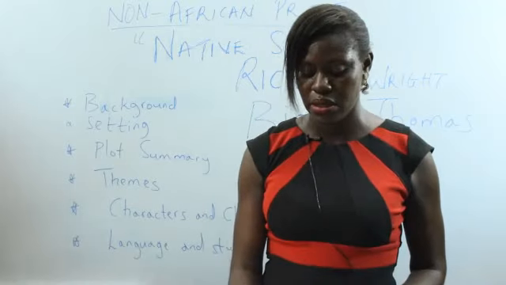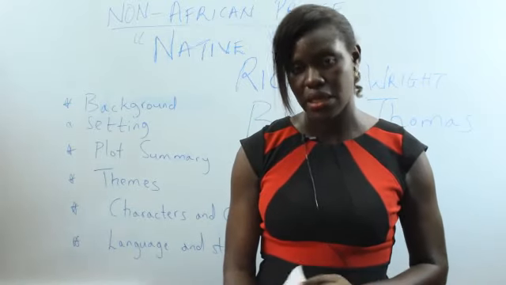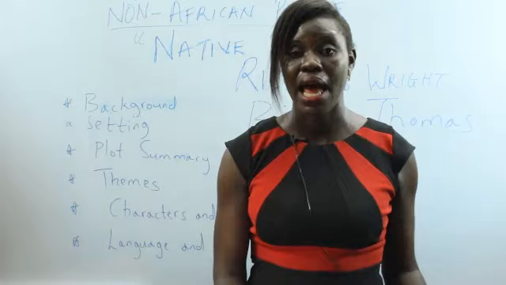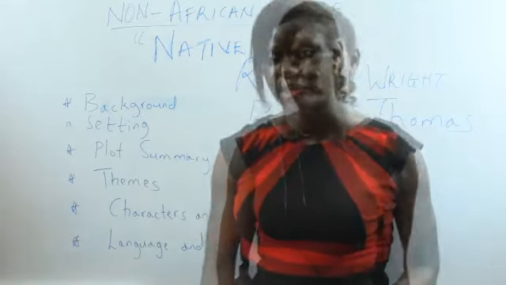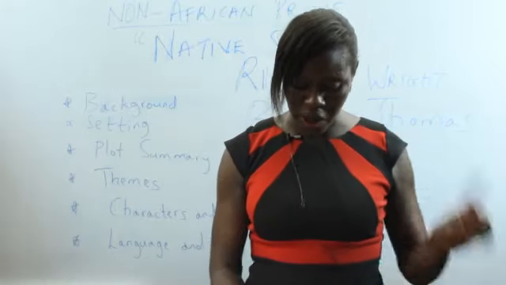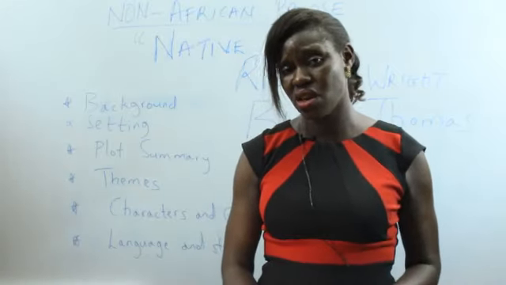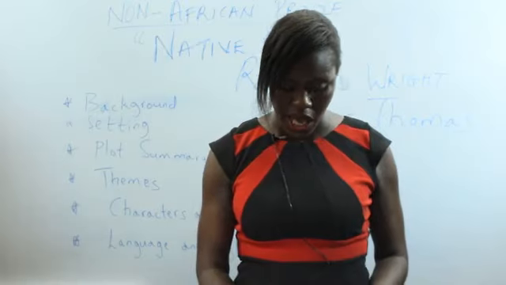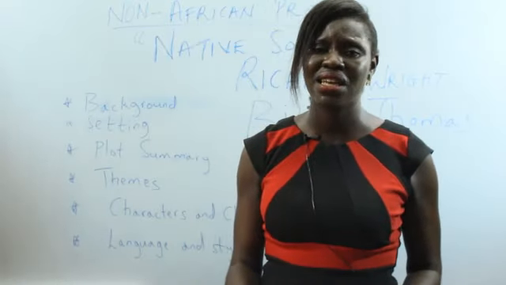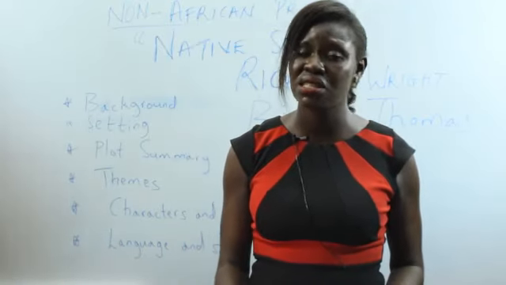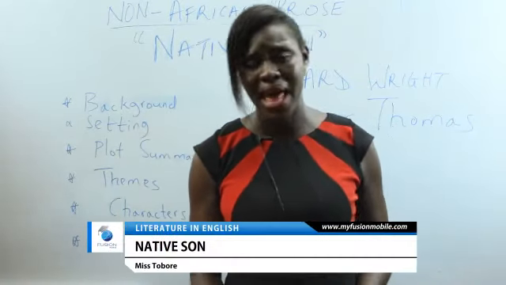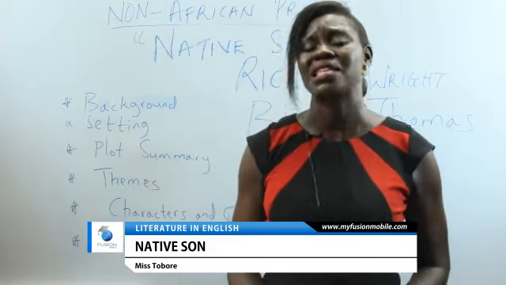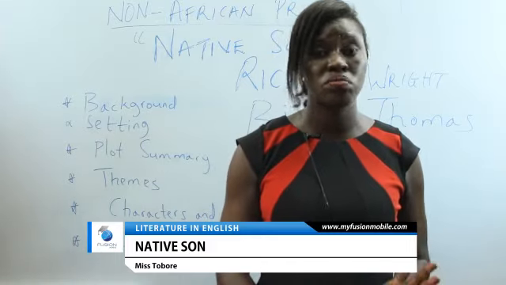Now, at this point, we would look at the themes that are itemized in this story. The first thing we'll be looking at is, first and foremost, racial discrimination and prejudice. Everything surrounding the main character, Bigger Thomas, is racial discrimination. Remember, Bigger Thomas and other black people cannot aspire to be anything except to do menial jobs.